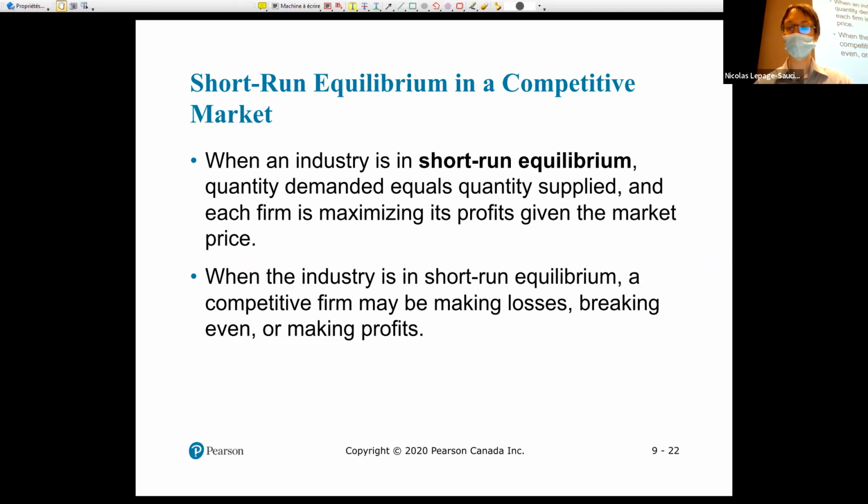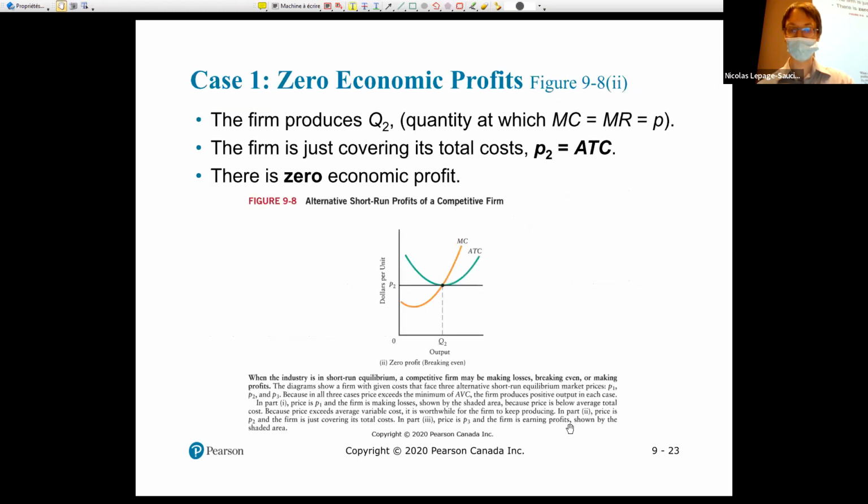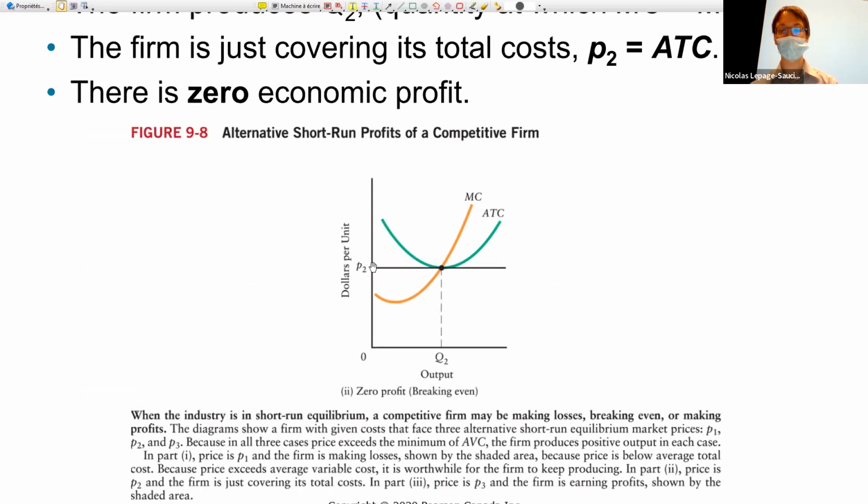So if you make a profit, it's because the price is above the average total cost. If you make a loss, it's because the price is below the average total cost. So this is the critical situation where you don't make a profit and don't make a loss, because the market price is exactly P2. It's exactly at the minimum of the average total cost.